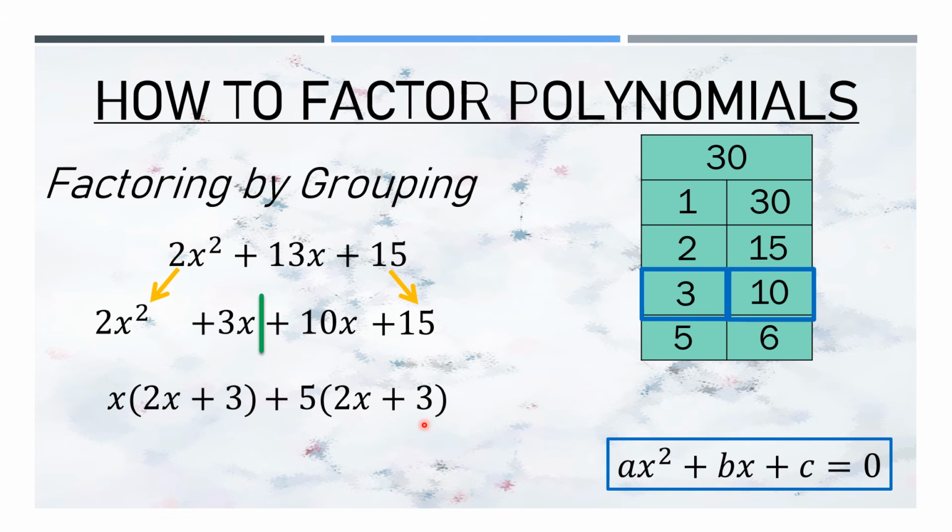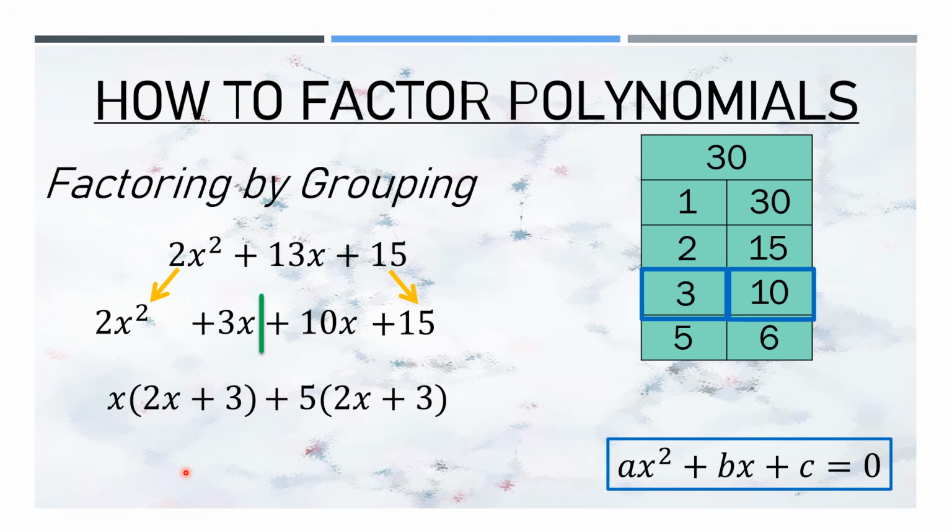Let us double check. Positive 5 times positive 2x is positive 10x. Positive 5 times positive 3 is equal to positive 15. Now, as you can see, meron na tayong common factors. And that is the 2x plus 3.